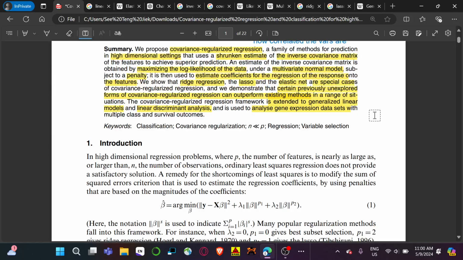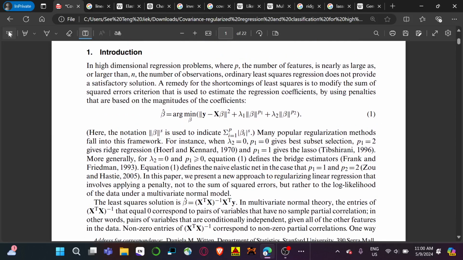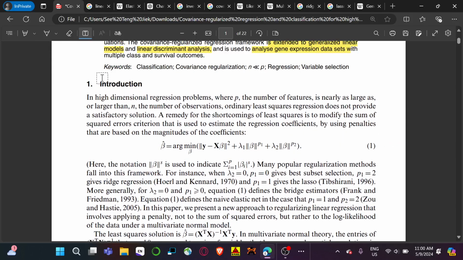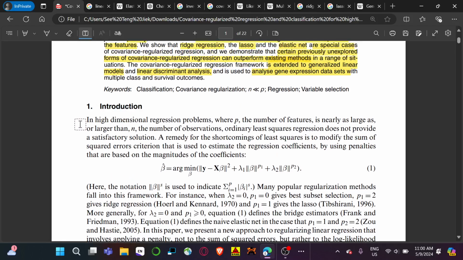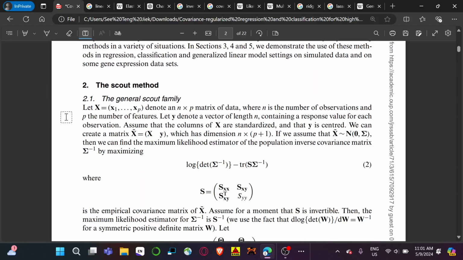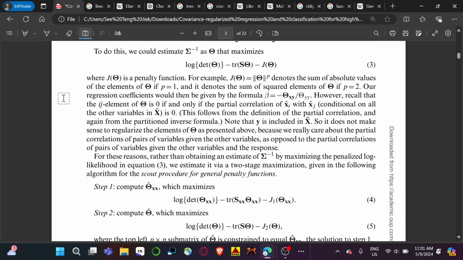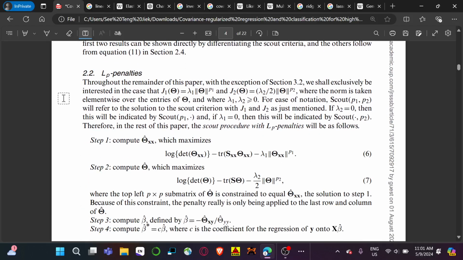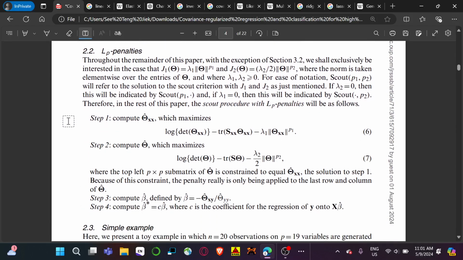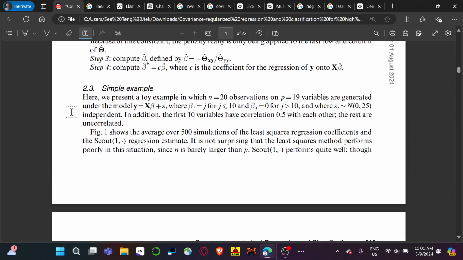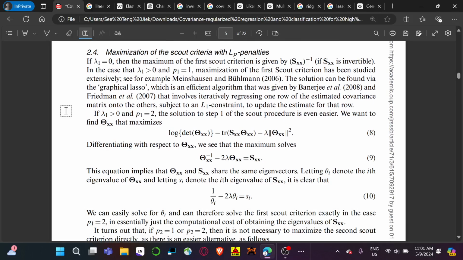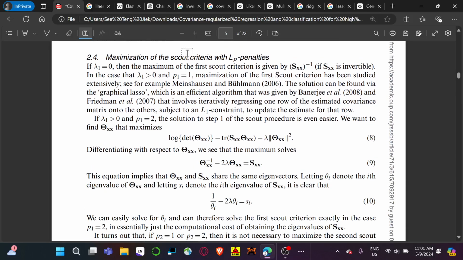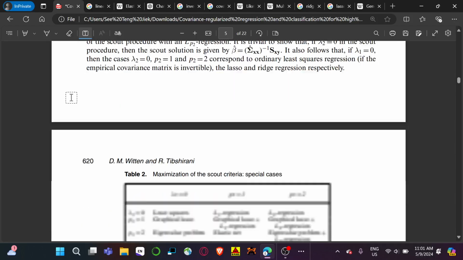All right, cool. There are a few things right here. They start off with an introduction, and then they talk about a specific approach called the SCAP method, and then there are subsections on Lp penalties, a toy example, and how to maximize some sort of SCAP criteria alongside Lp penalties.